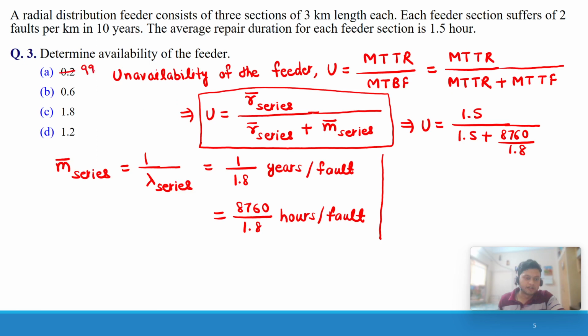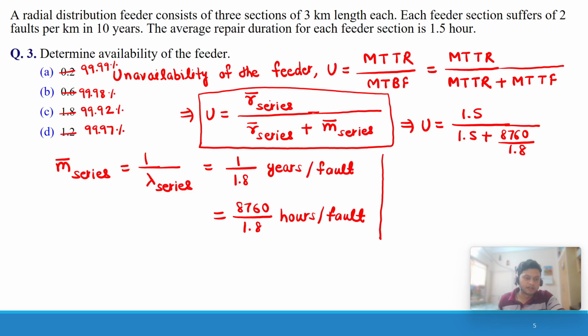You can write them as 99.99%, 99.98%, 99.96%, 99.92%, and 99.97%. So these are the correct options for question number 3.